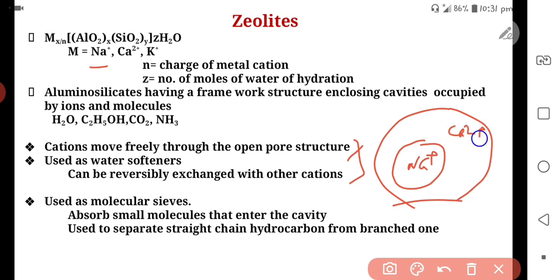Hard water means it contains calcium 2 plus. So what happens is that this Na plus will move out of the cavity, and in that place calcium 2 plus enters. Now the calcium 2 plus will be placed inside the zeolite and Na plus will go outside. That is, the hardness can be removed by this method. You understand? These cations can be easily exchanged with other cations.